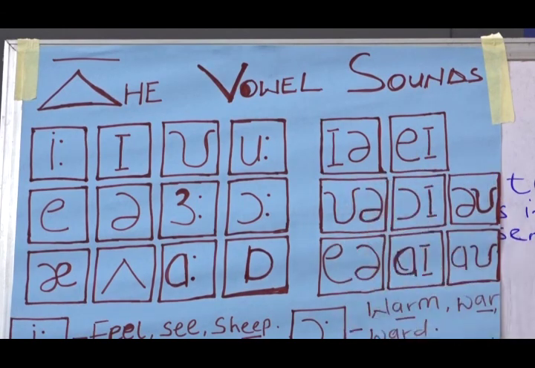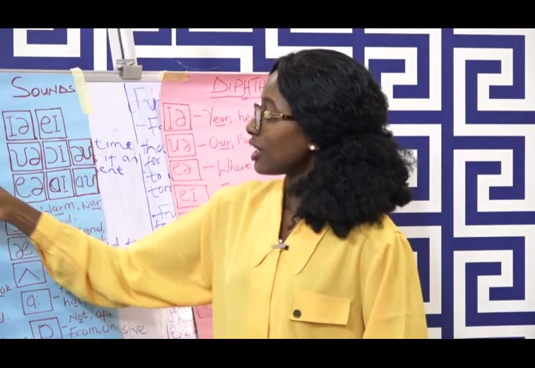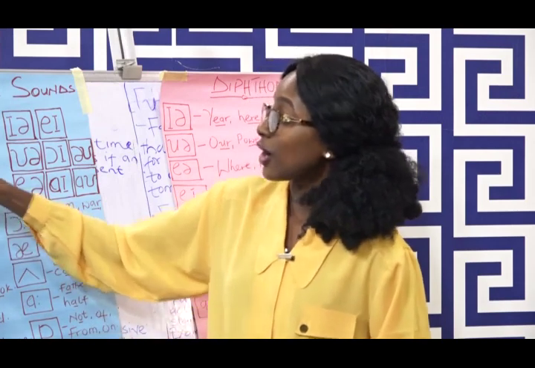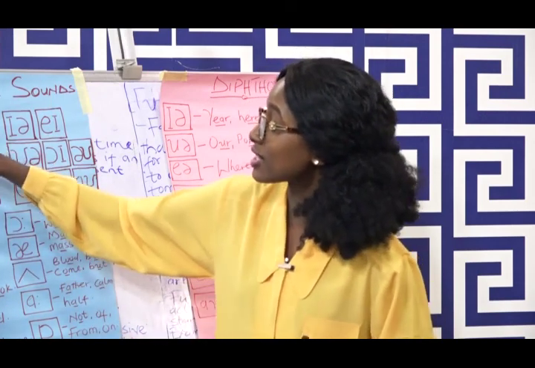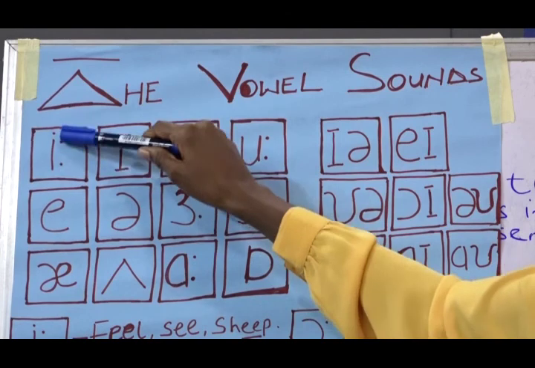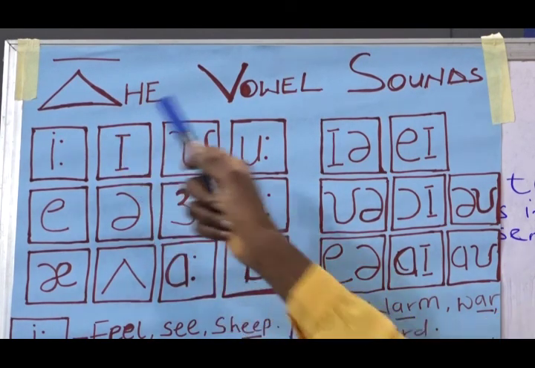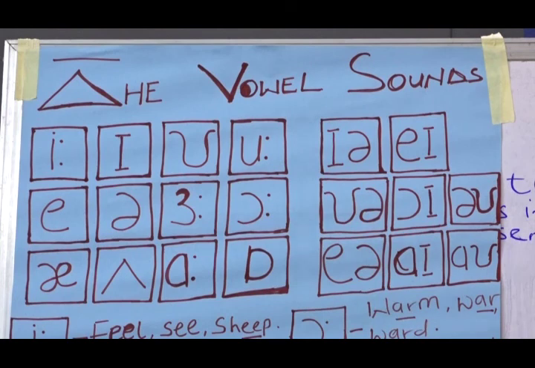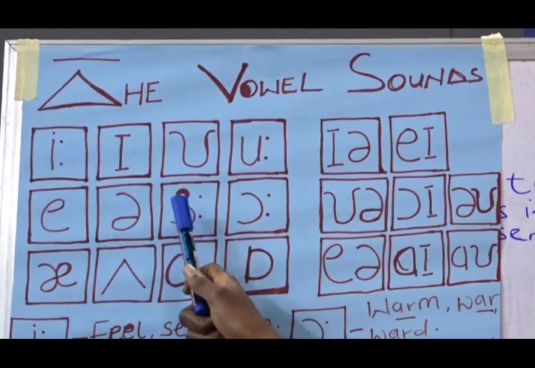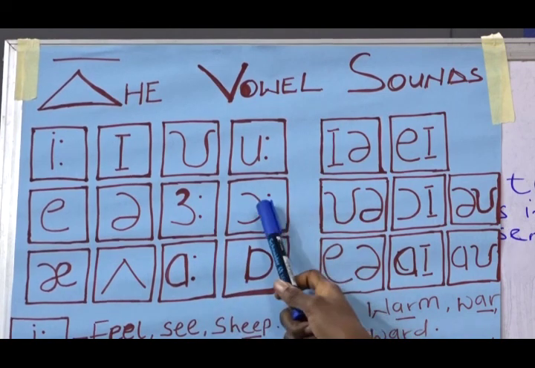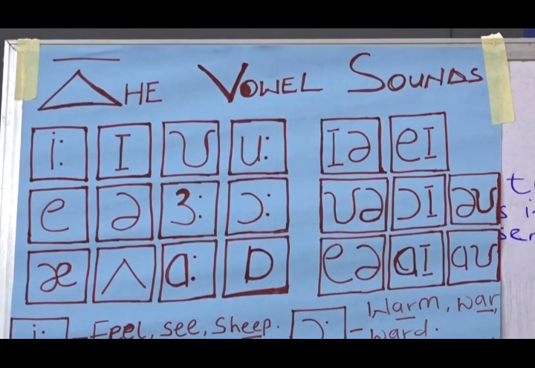Now let's look at examples. You should also note that for the sounds that have these two dots in front of them, they are long vowels. These are the long vowels of the English language.